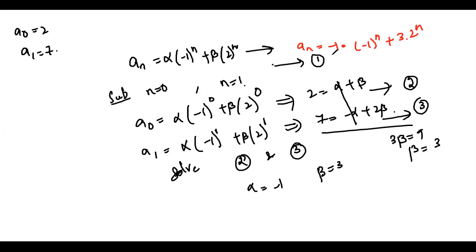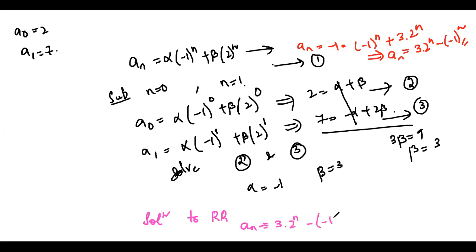We can also write it as an is equal to 3 into 2 power n minus minus 1 whole power n. So the final solution to the recurrence relation with the given initial conditions is an is equal to 3 into 2 power n minus minus 1 power n. So this is the solution to the recurrence relation.